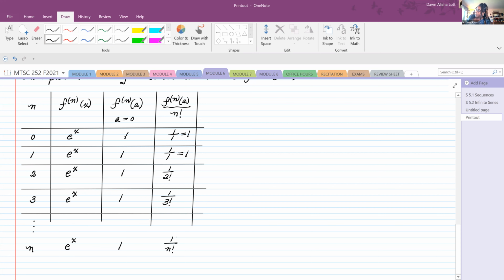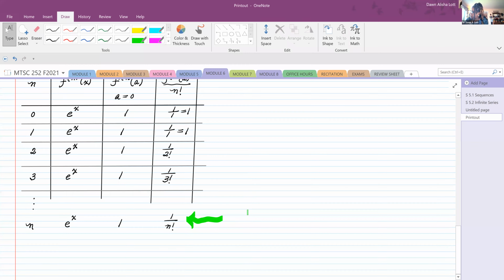So it looks to me like my formula, here's my formula for the nth derivative. So the nth derivative at 0 over n factorial is simply 1 over n factorial. Okay.